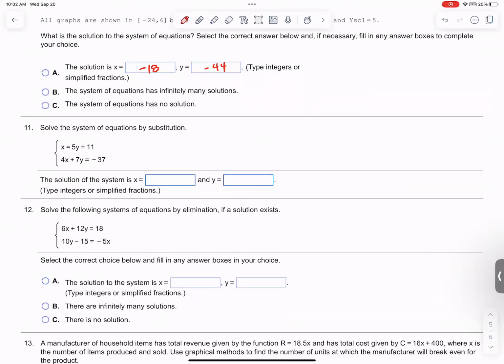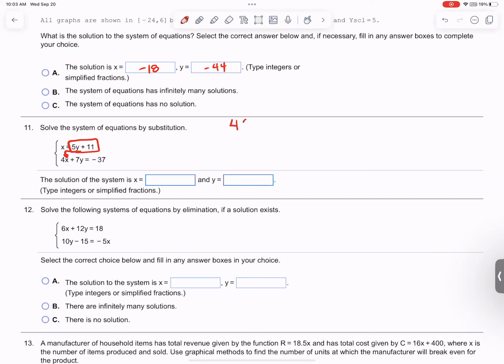Solve the system of equations by substitution. Well, isn't it nice that they had solved the top one for x? So to use substitution, I'm going to substitute the expression 5x plus 11 in for x in the second equation. So since they solved it for x for me, I might as well use that.